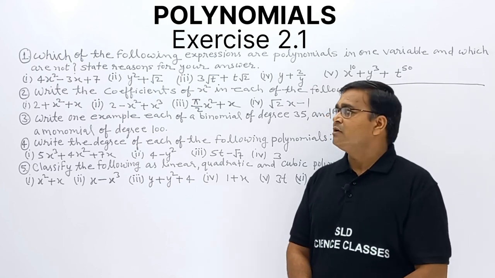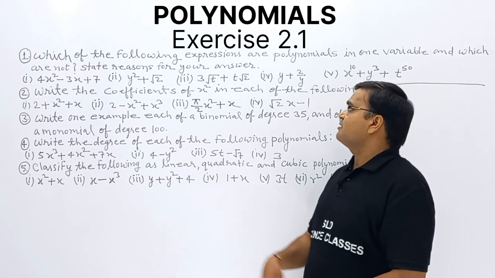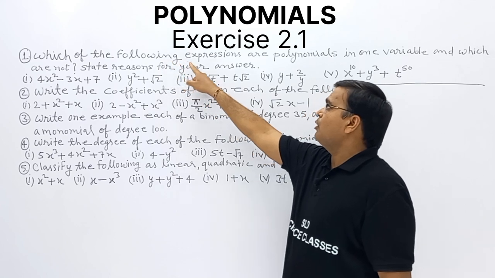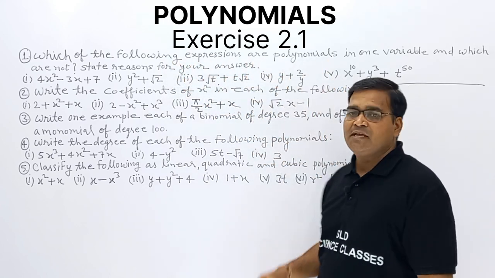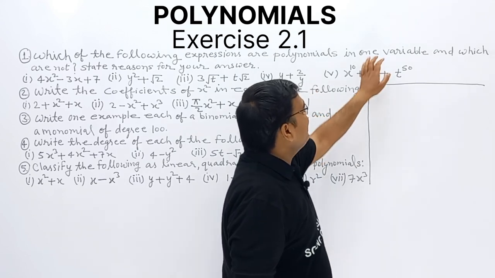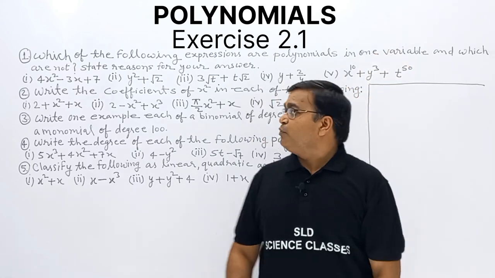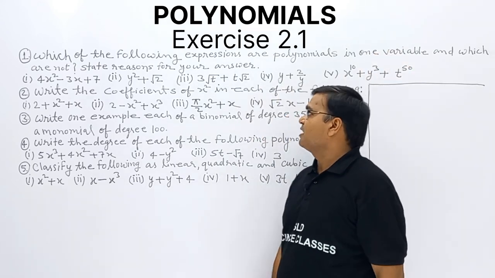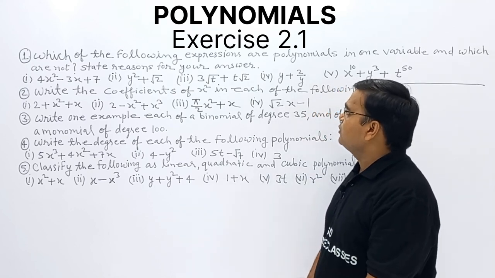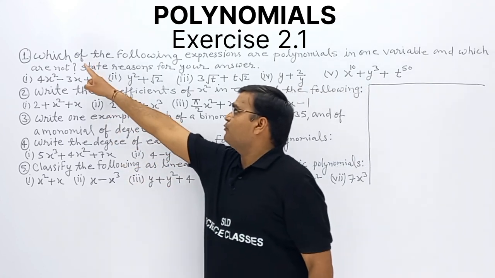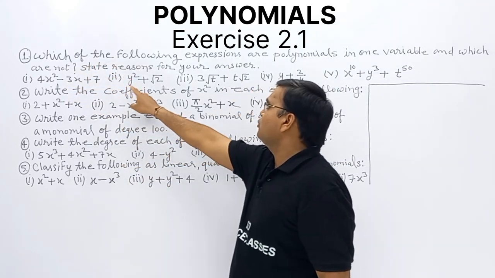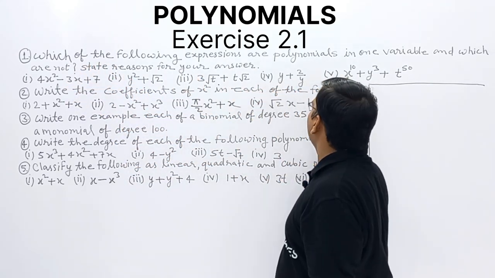Which of the following expressions are polynomials in one variable and which are not? In question number 1, we are having 5 parts: 1, 2, 3, 4 and 5.